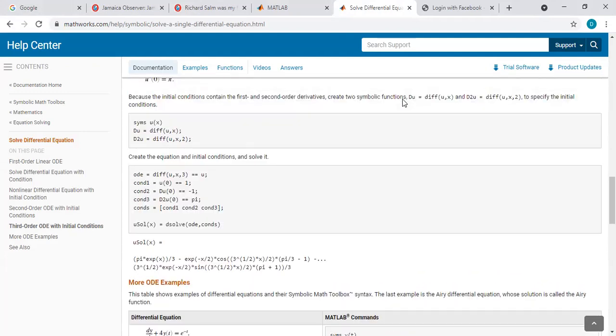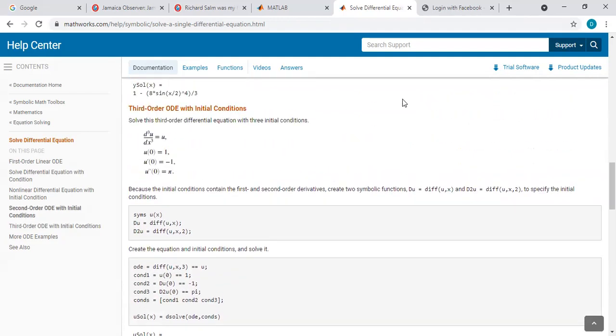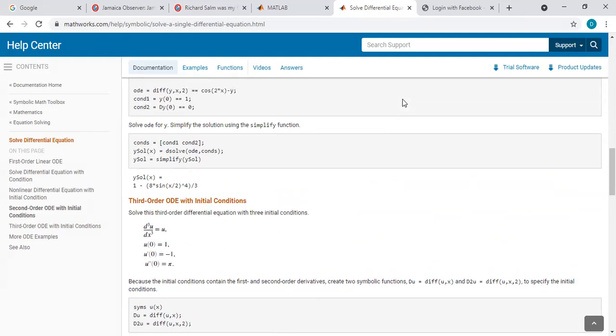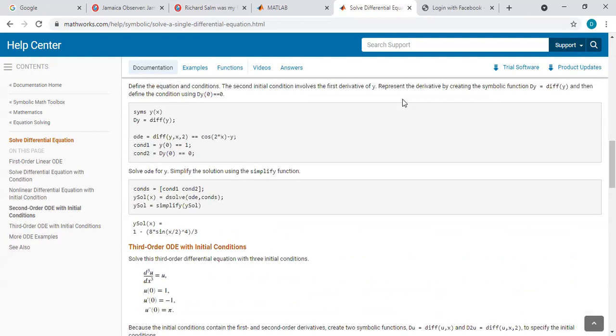I'm not seeing why it's not recognizing. Oh, I had to declare it as well.